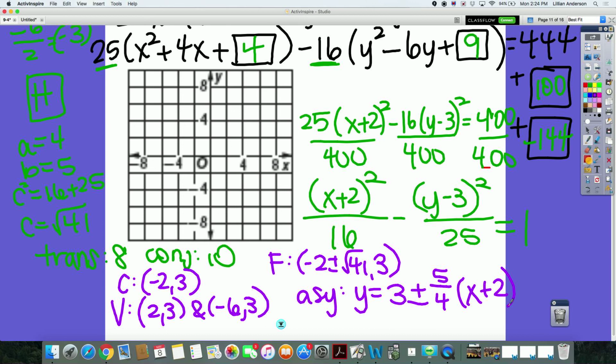Our center is at (-2, 3). I'm going to get my box going. Horizontal, so that means the value of a is going to be 4 to the left, 4 to the right. My scale goes by 2, so that's going to be 2, 4, 2, 4, and up 5, down 5. Here's my box.